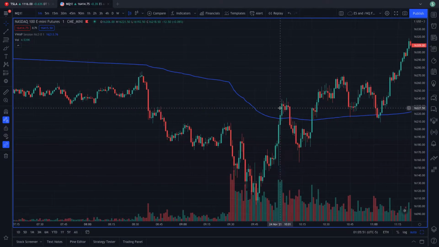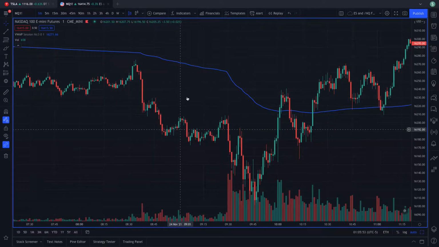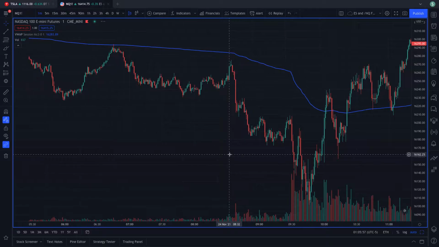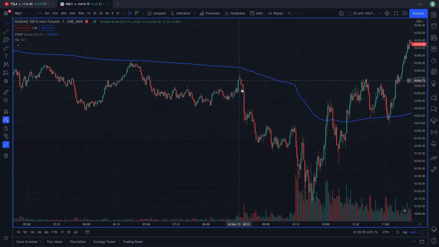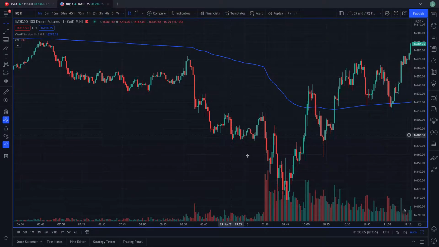Okay. So if we look at the market at NQ at 9:30 in the morning, you can see the night before the market dumped. Okay, so this morning here, market was actually red this whole morning.